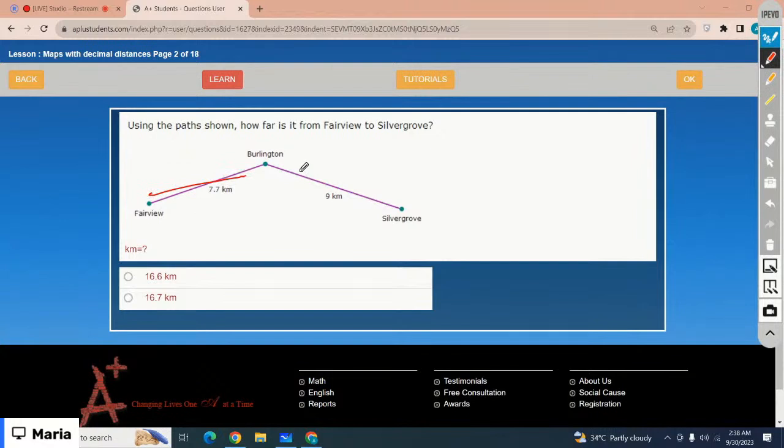You have to go from here to here. So you have to add 9 plus 7.7. So which is the correct option? The correct option is 16.7, right? So the correct option is 16.7.